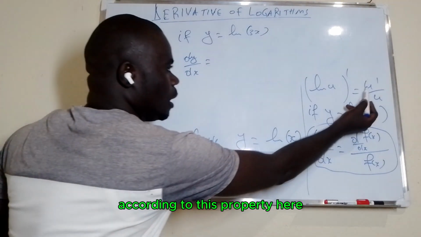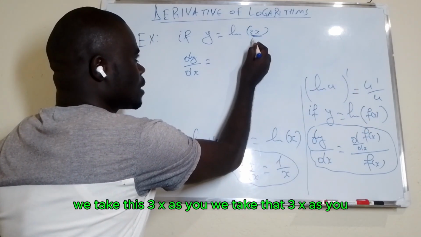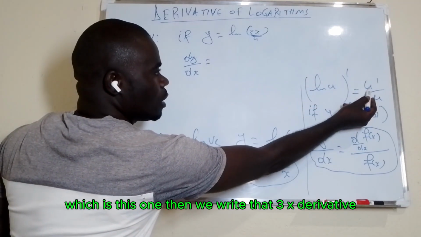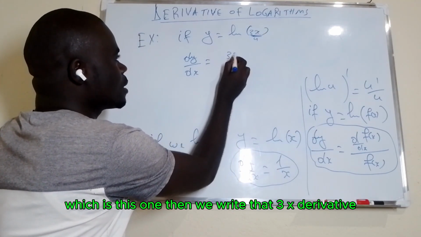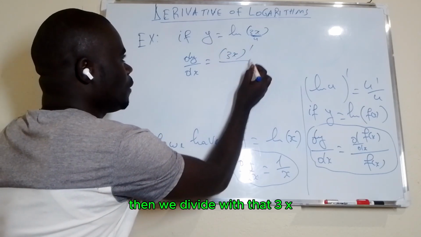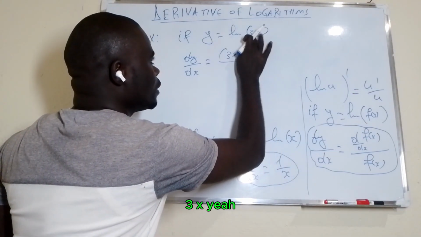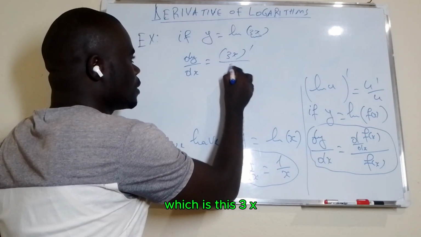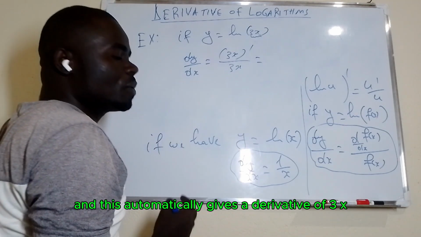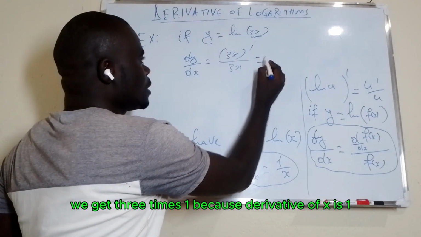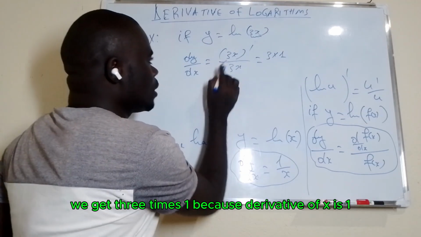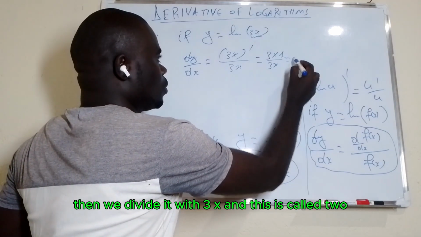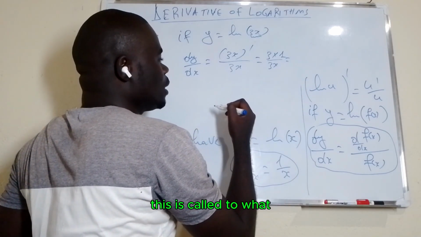According to this property, we take 3x as u, then we write the derivative of 3x and divide by 3x. The derivative of 3x gives 3 times 1, because the derivative of x is 1, then we divide by 3x.